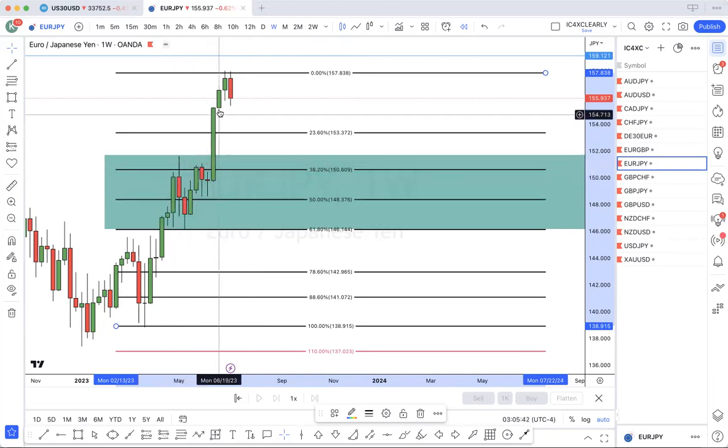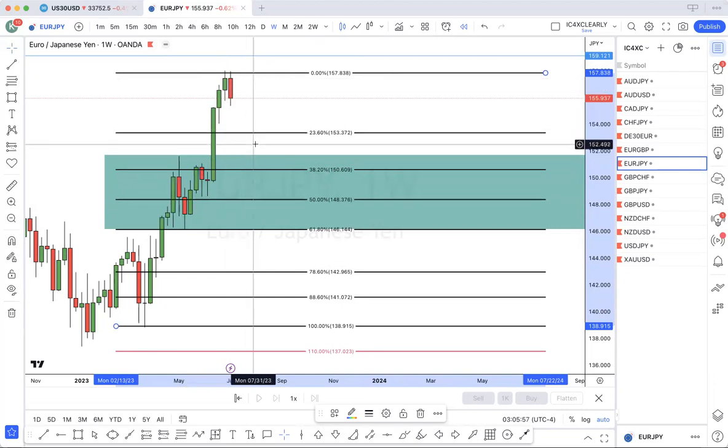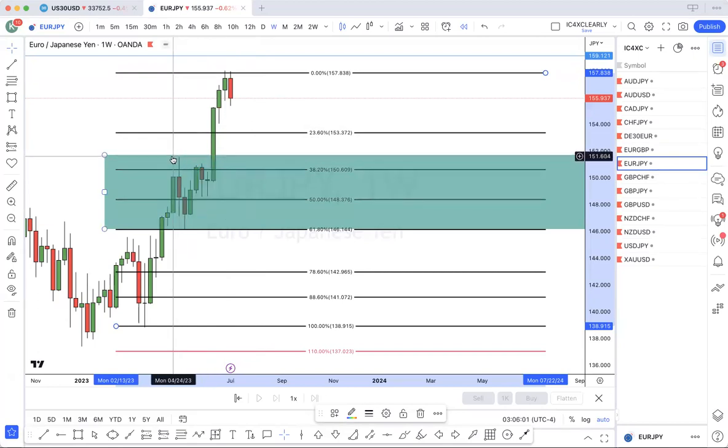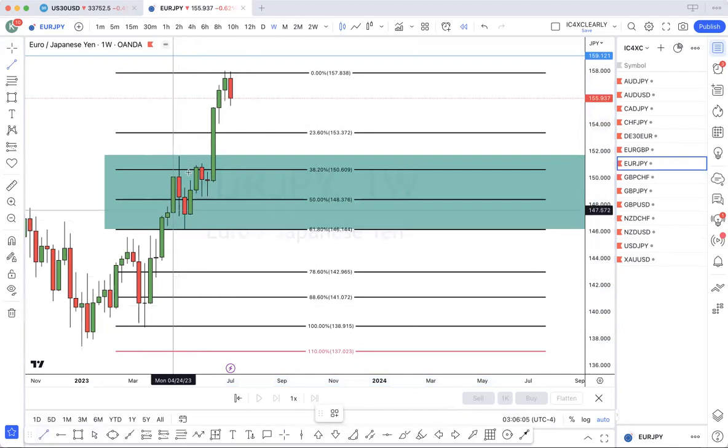So this was the impulse move. This was the impulse move, the correction, and the continuation. Which was an impulse move, this could pull back to come and retest this break that occurred here.